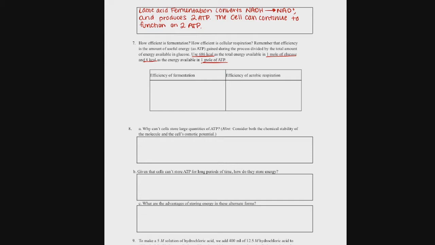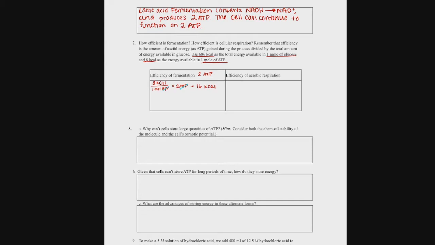So for efficiency of fermentation, we know that there are 2 ATP generated in fermentation. Using 8 kcal as energy per 1 mole of ATP, multiplied by 2 ATP will give us 16 total kcal, because these cancel.